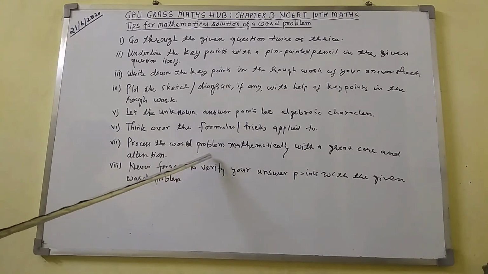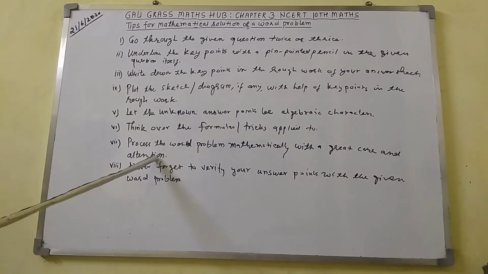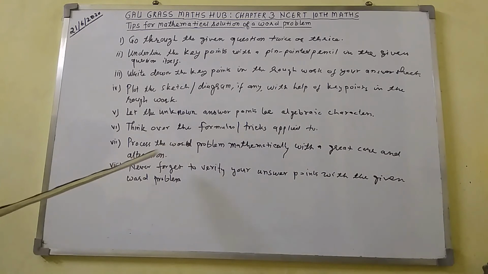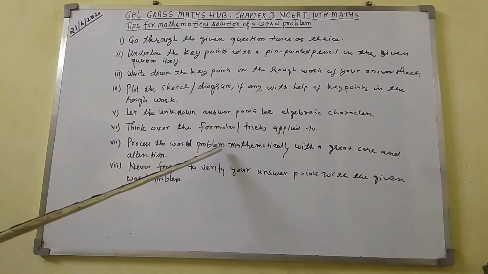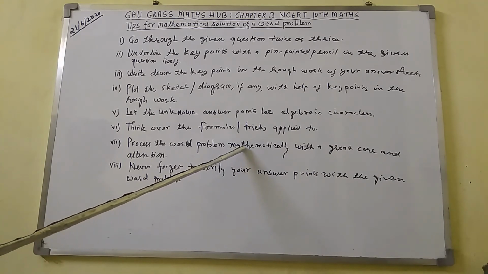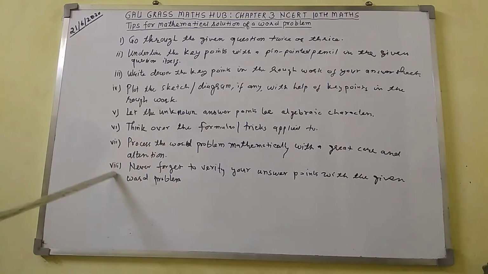When they are represented mathematically, they become very concise. That's why great care is needed to reduce a lengthy word problem into a brief note in mathematical form. Now come to point number 8 here.